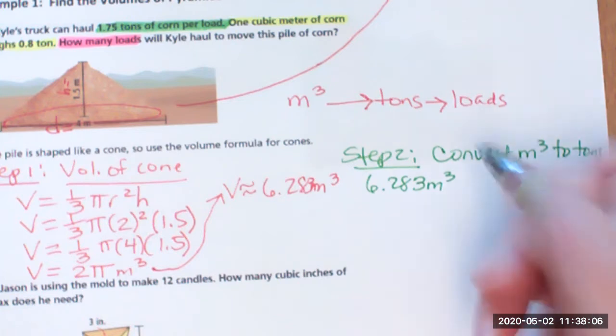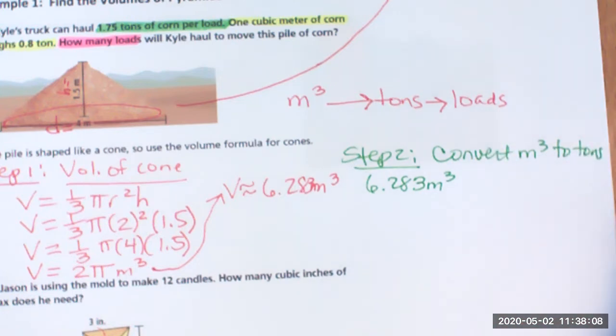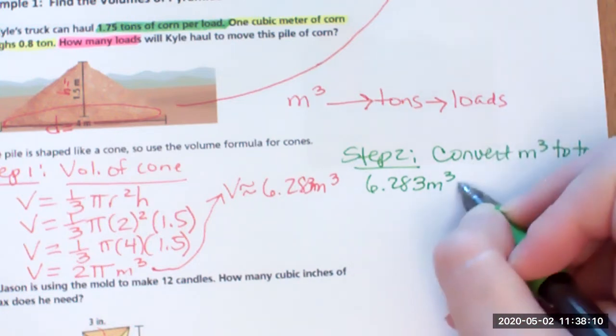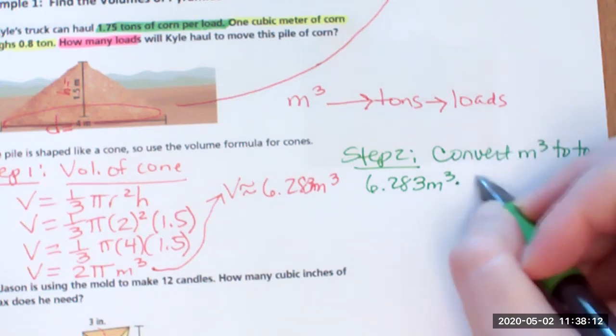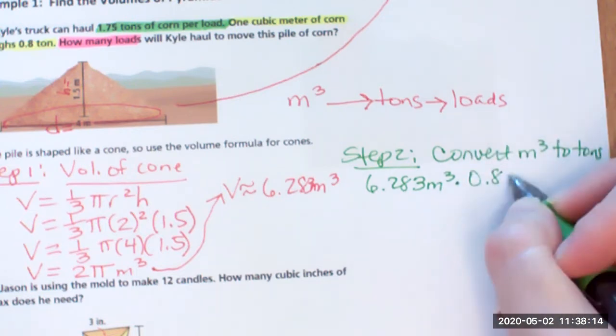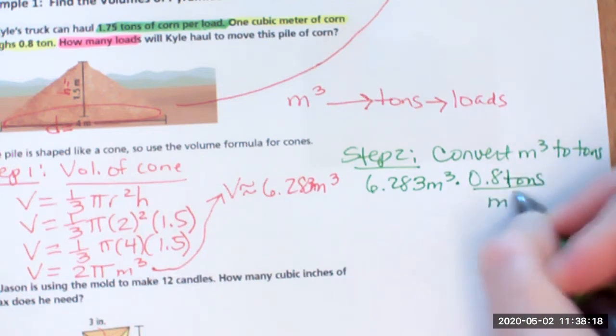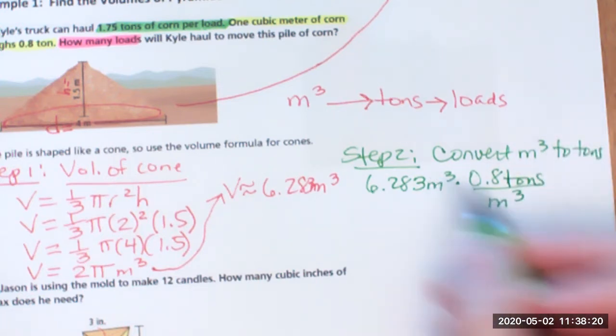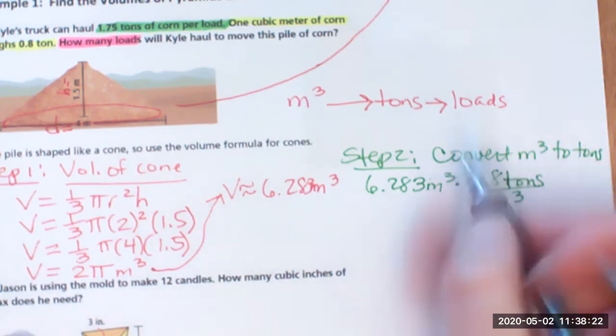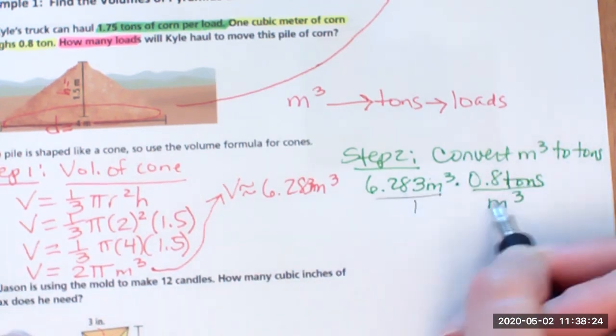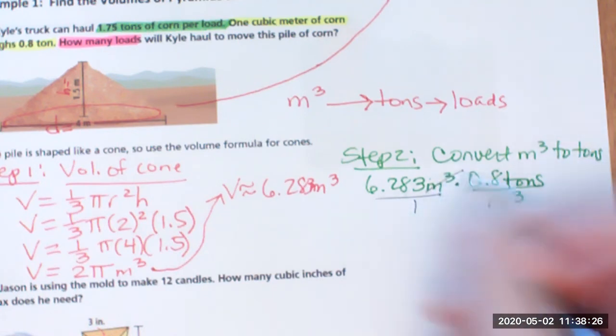Okay, so many of you would know to multiply, but if you weren't clear on that, let me show you why it works. Okay, so 0.8 tons per cubic meter, if we do the multiplication there and cancel diagonally, right? Because it's just like multiplying fractions horizontally. We can cancel the units diagonally, right?